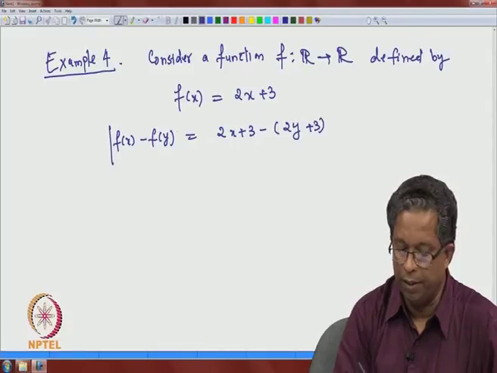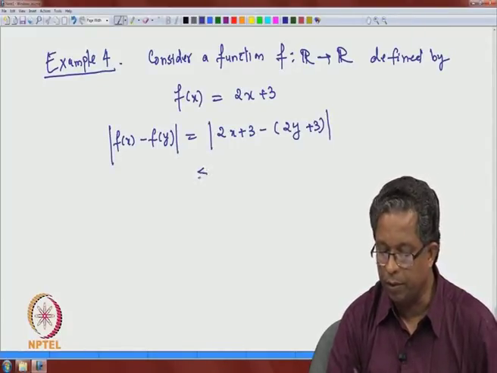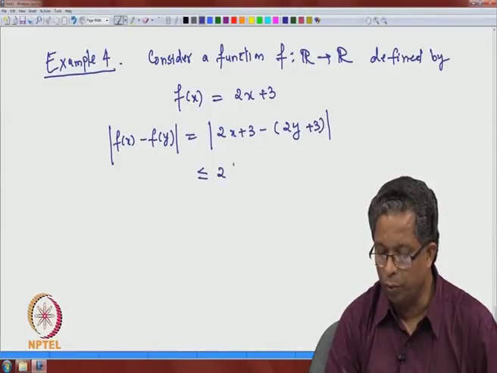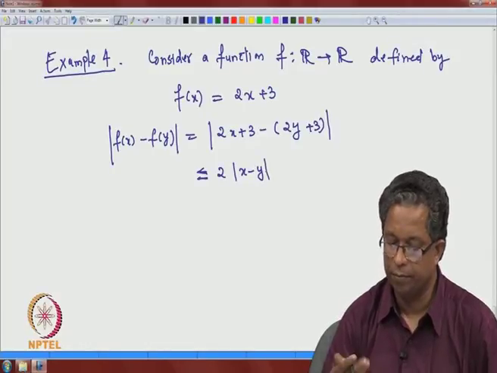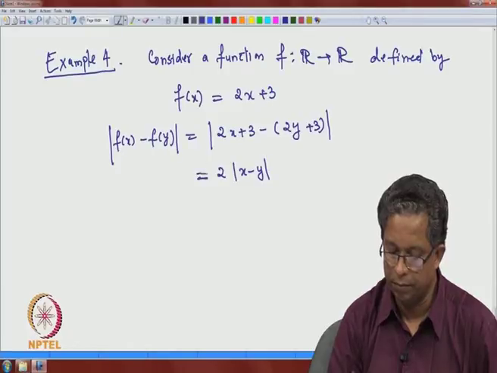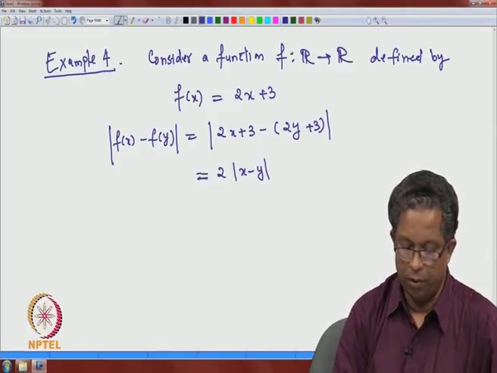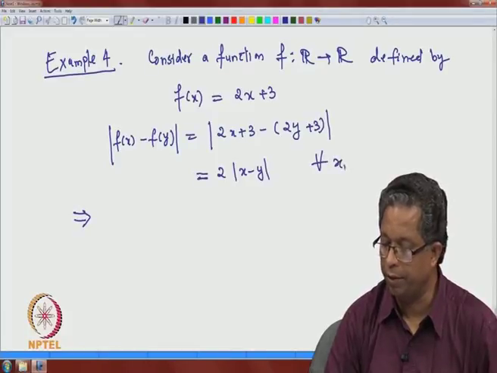If we take the absolute value, this is less than or equal to 2 times absolute value of x minus y. So this is true for all x and y in R.